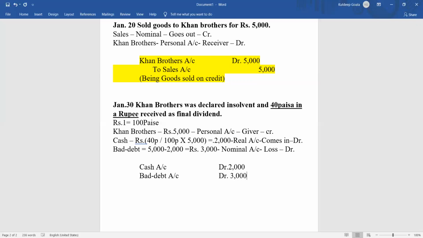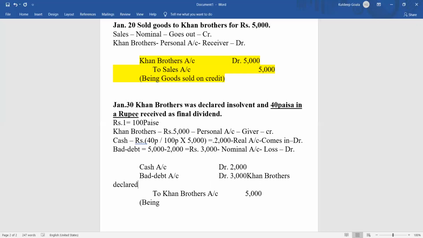And after that, what will be in the credit? In the credit, we will have Khan Brothers. To Khan Brothers account, how much? 5,000 rupees, right? So what will be the narration ultimately?